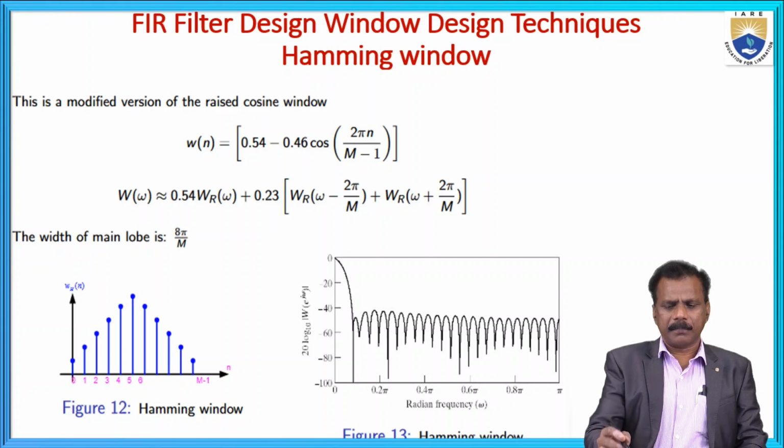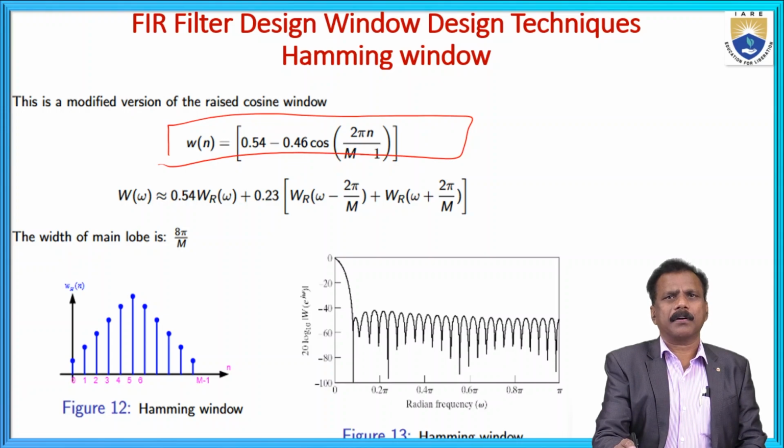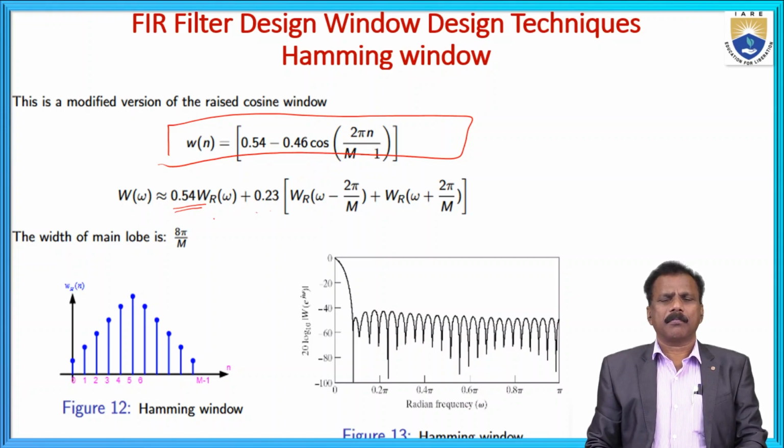You can consider all this mathematical notation here using these formulas. W of omega is approximately 0.54 WR of omega plus 0.23 WR of omega minus 2 pi by M, plus 0.23 WR of omega plus 2 pi by M. Like this, the width of the main lobe is 8 pi by M.